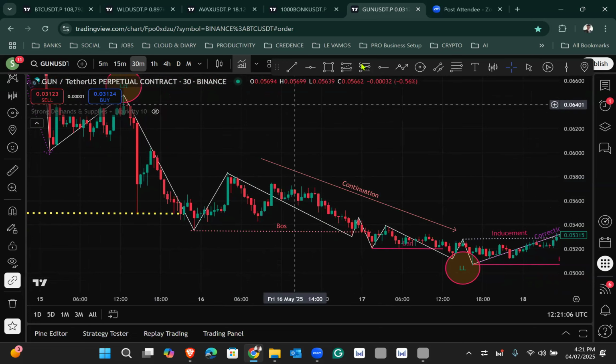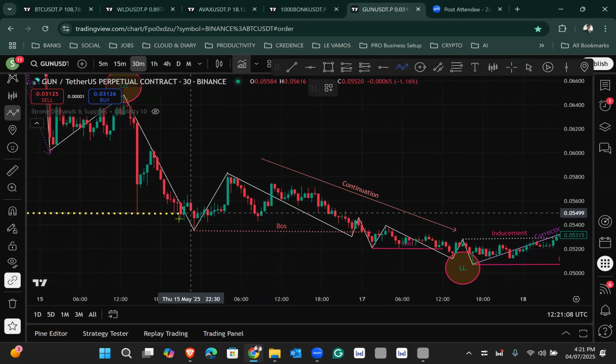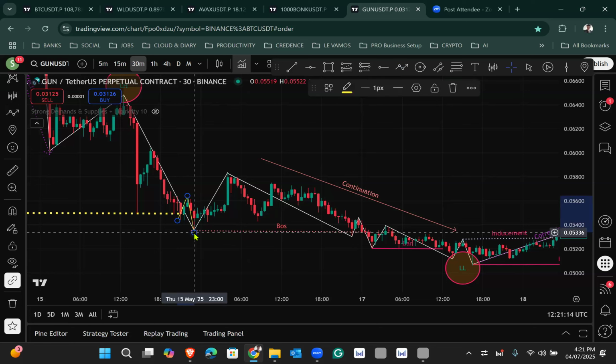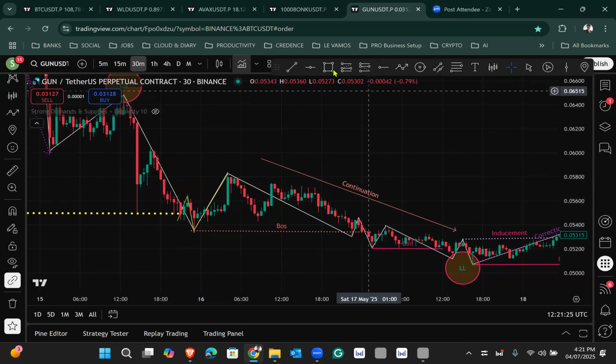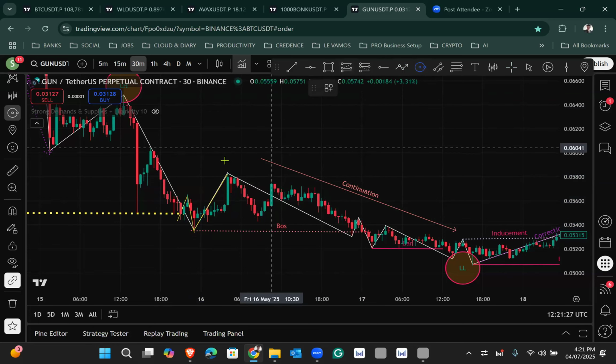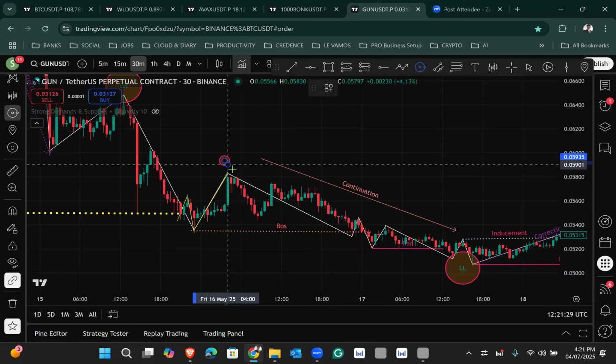This one is an inducement, correct? Yeah. So that move that went up, that's the correction. Okay. And that's the end of the correction. You have your lower high.